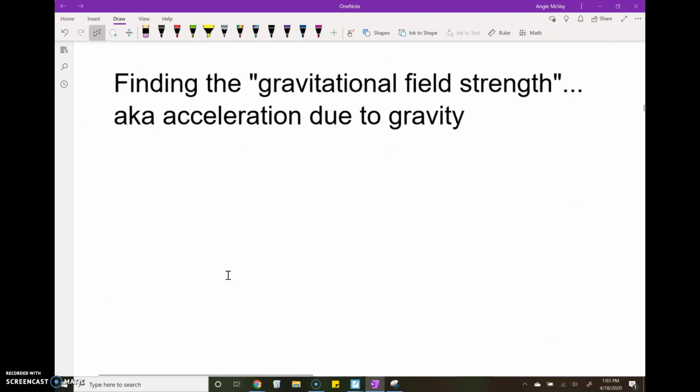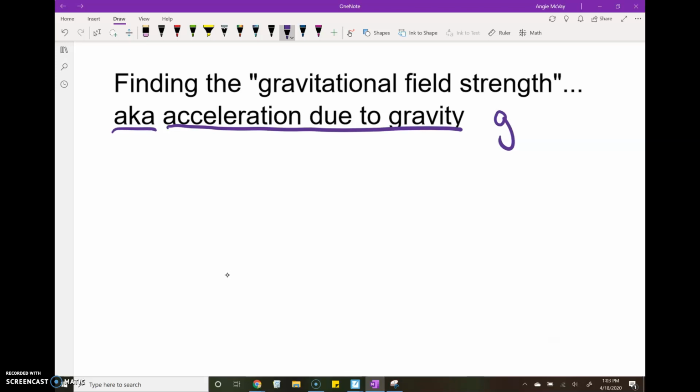All right, you guys. So the next concept that we want to talk about when we're talking about gravity and forces that are acting between masses is an idea called gravitational field strength. And this is also known as the acceleration due to gravity, right? Little g is the abbreviation for the gravitational field strength.